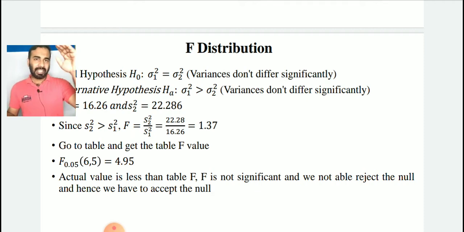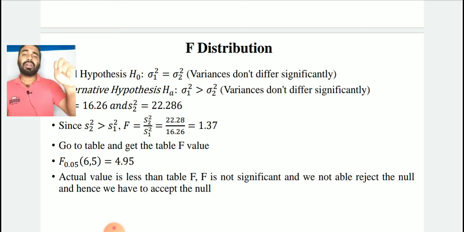If you know the DF for the numerator and the DF for the denominator, we can find out the table F values. If you have any book on statistics, you go to the last pages where you can see different tables: Z, T, then after T you can see the F table. Go to that table and find out the critical value of F.